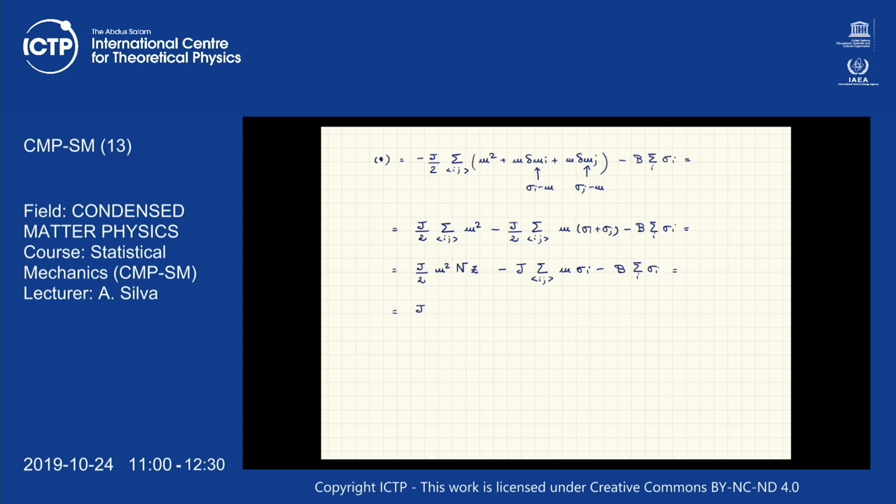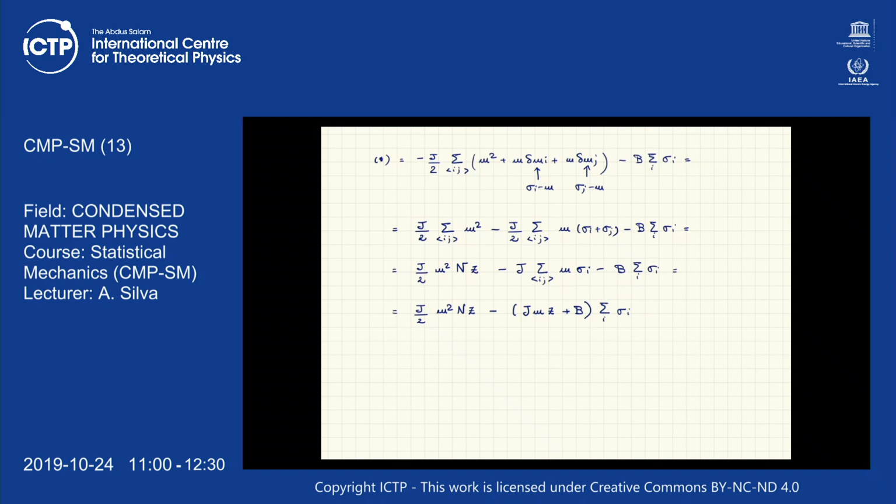I will have j over 2 m squared n times z minus j times m times z plus b sum over i sigma i here, right? So it looks like as if I essentially took a model in which I had interacting spins, and now I have non-interacting spins, right?